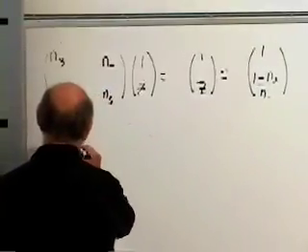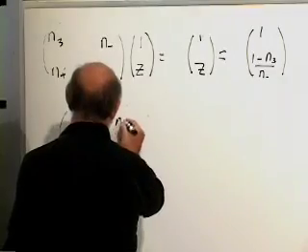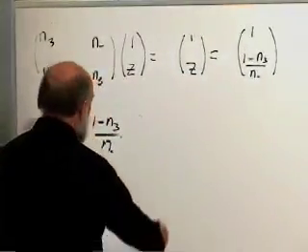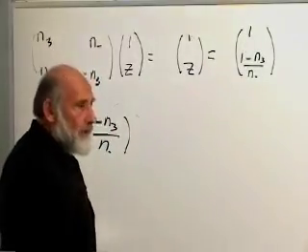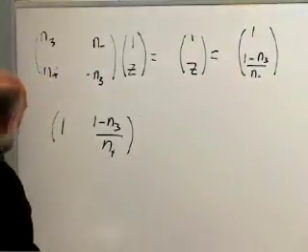So let's first write the row vector, the corresponding row vector, 1 minus n3. Now, shall I write n minus down here? Conjugate. And the conjugate is n plus. Okay. That's the row vector.